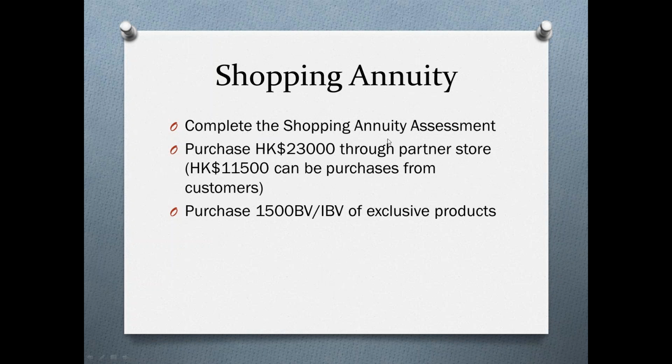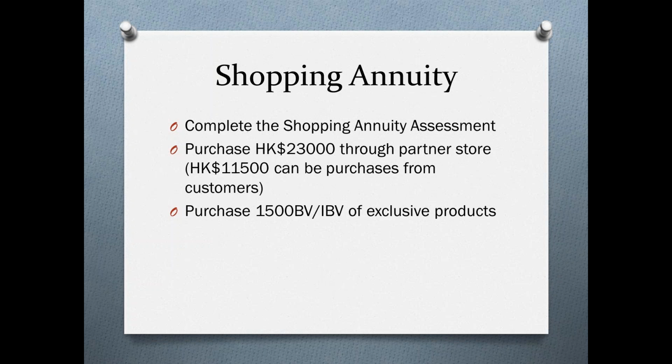Number 1, you have to complete the shopping annuity assessment. You go to your back office, go to My Account, and within this submenu there is a link called Shopping Annuity. You click on that, and it's just a survey where you input your income and so on. Only you can see it, so you don't have to worry about other people knowing your private information.